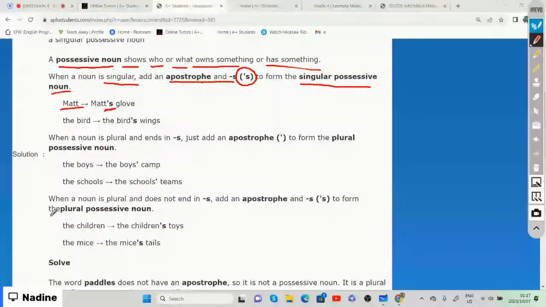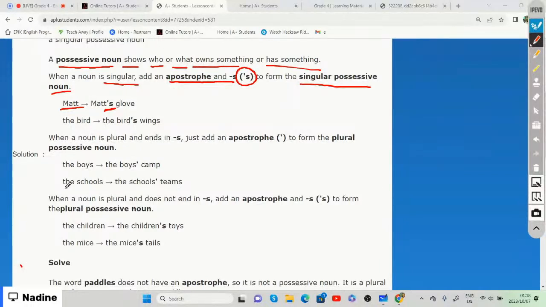Another example is the bird. Bird refers to one bird only, singular. But if we want to make mention of the wings of the bird, it's not your wings, it is the bird's wings. Maybe the wing fell off, or the wing is stuck to something, or he hurt his wing.